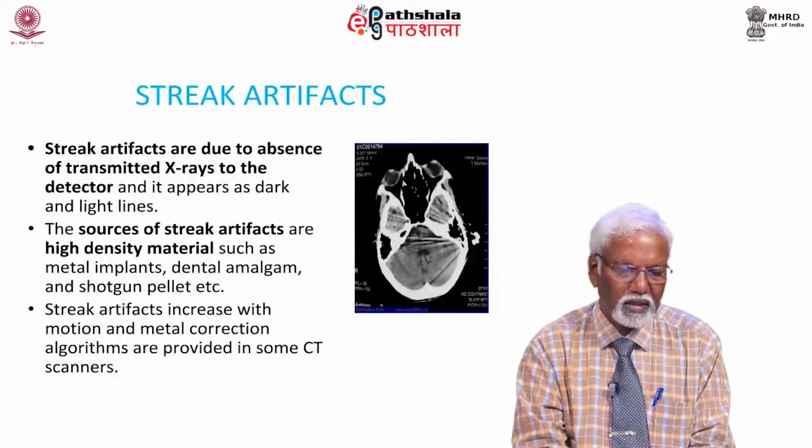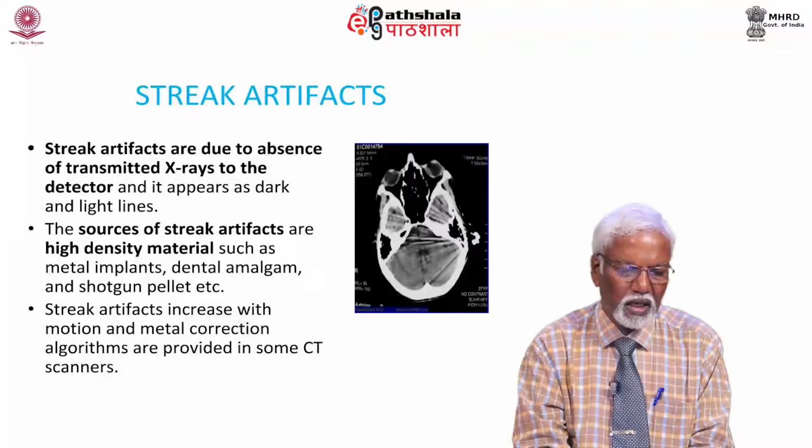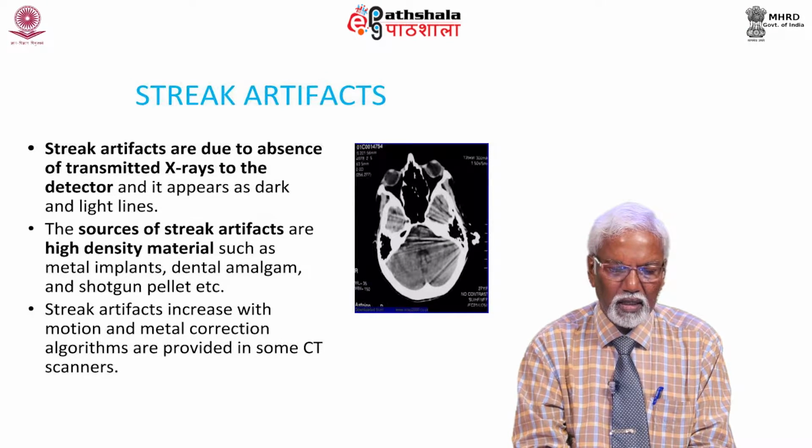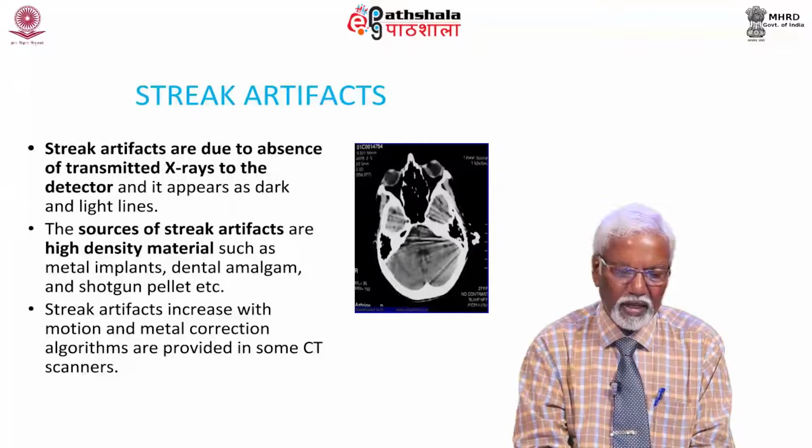Streak artifact. Streak artifacts are due to absence of transmitted X-rays to the detector, and appear as dark and light bands. You can see the streak artifact on the right side of the image very nicely.